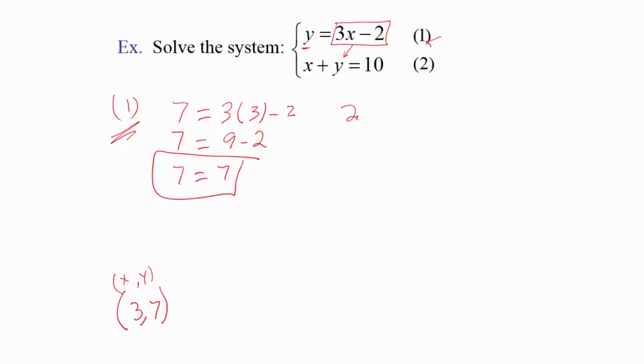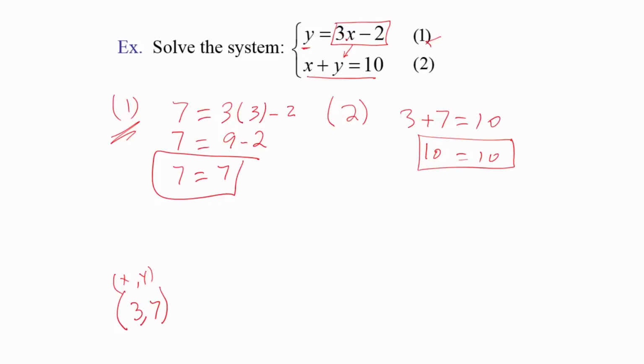In equation number 2, where you have x plus y equal 10, x is 3 and y is 7. So 3 plus 7 should be equal to 10, and 3 plus 7 is 10. 10 is equal to 10. That's how you know they cross each other at this point.